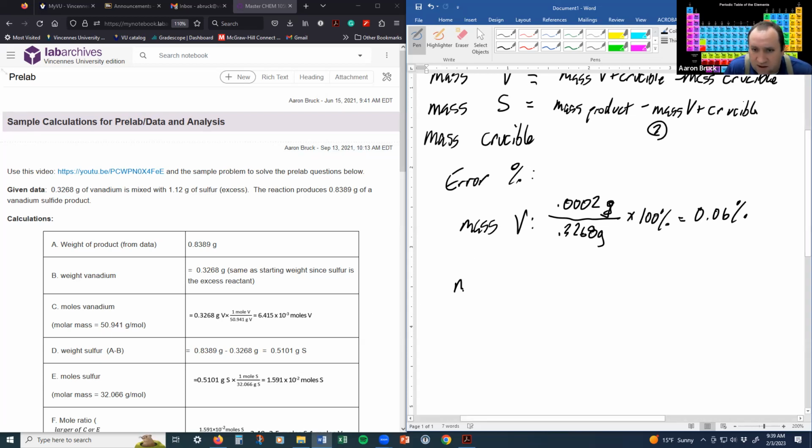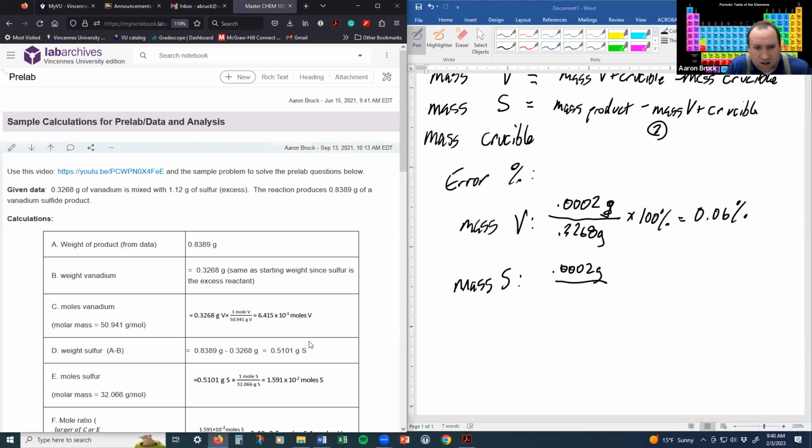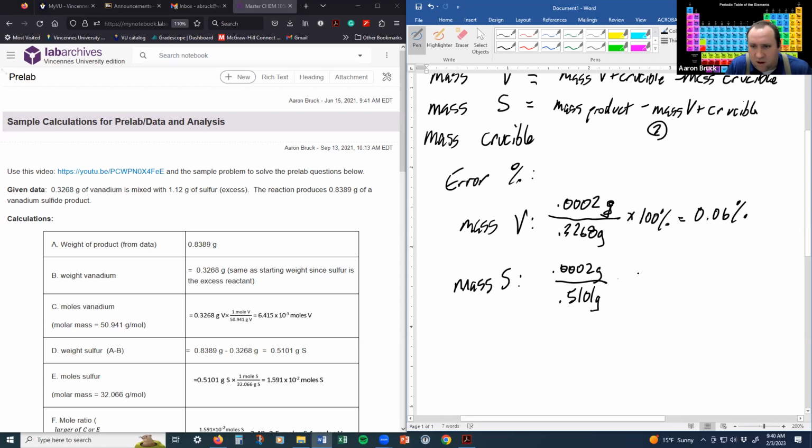I could do something similar for the sulfur. Again, it's based on two readings, so 0.0002 grams. The mass of the sulfur we determined here is 0.5101 grams.